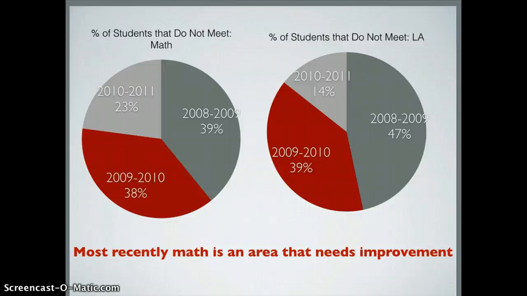If you compare the two, language arts and math, and you look at this light gray section of our chart here and here for the latest year, we can see that we have more of a struggle decreasing our math percentage than we do with our reading. So for our sake, math is going to be the area that needs the most improvement. So we're going to look at how we can focus on improving our math scores and getting fewer students in this section of does not meet.